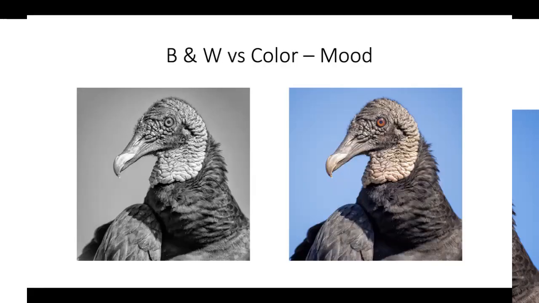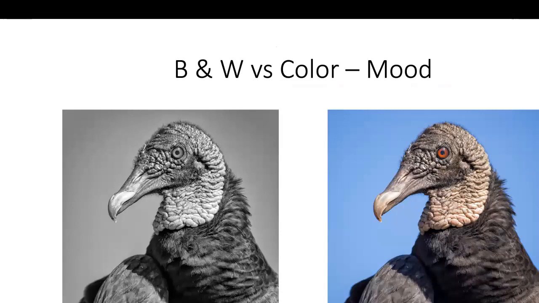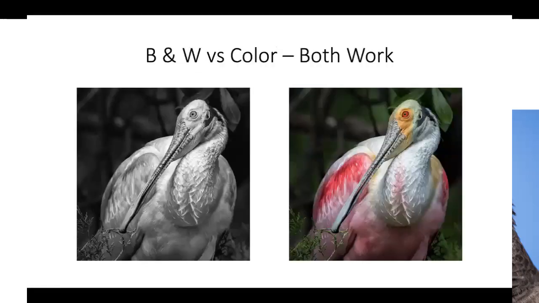You just pay more attention. You're not distracted by the blue sky or the subtle shades of tan or what have you. Now, if you like the right side better, then stick with it, by all means, but I think that to convey a mood of austerity or gloom or whatever that goes with a vulture, this happens to work better.